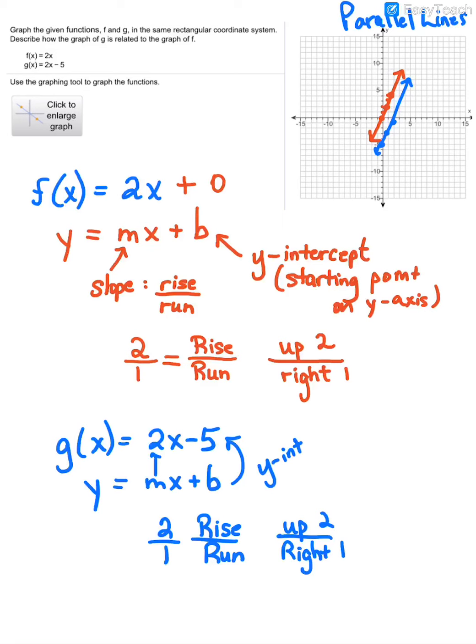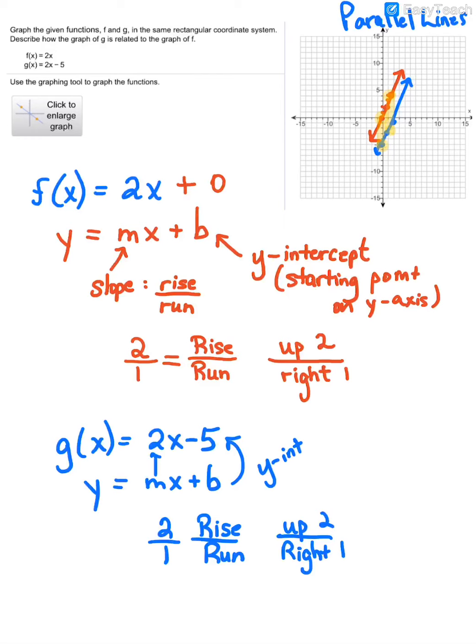So for example, if you look at the y-intercept here compared to here, the function g is 5 units down. And if you picked another x value and you looked at, say, here and you compared it to there, it's 5 units down. So they're parallel lines, and then what we say is g is shifted down by 5 units.